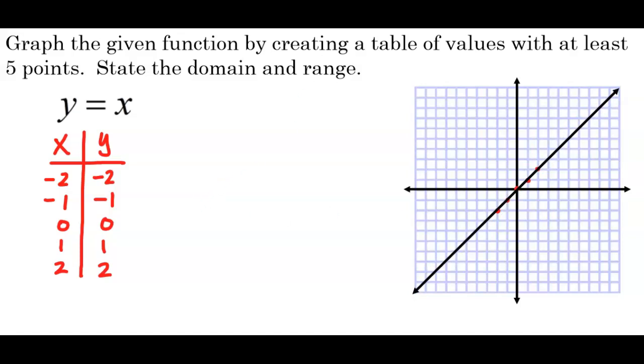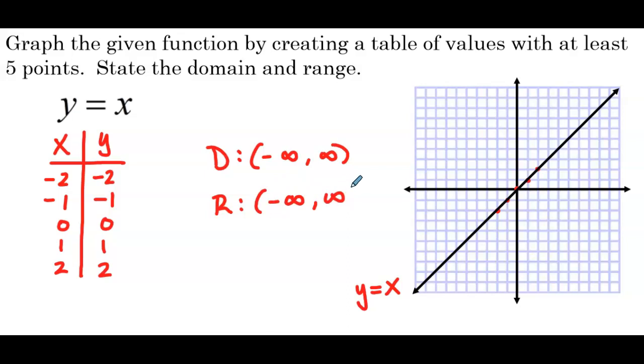And there we have the graph of y equals x. And I'll label it as such. The domain of our function, again, we have all reals. We can plug every x value in. So -infinity to +infinity. And the range, working from bottom to top on the graph, we also have all reals, or -infinity to infinity.